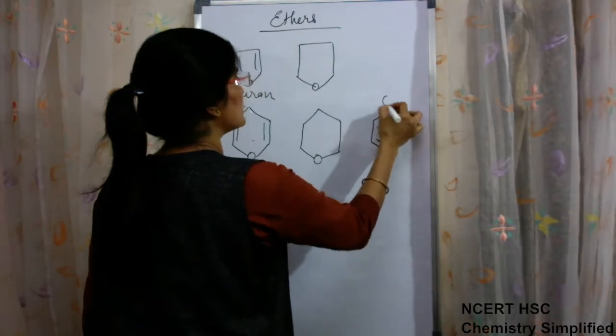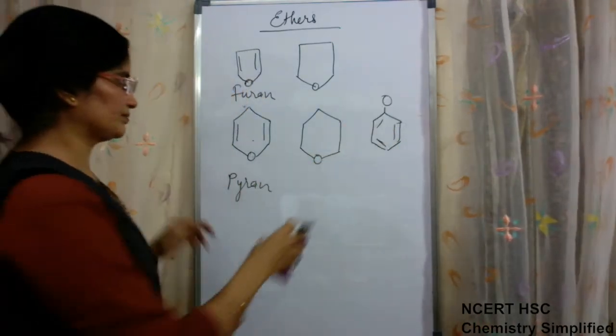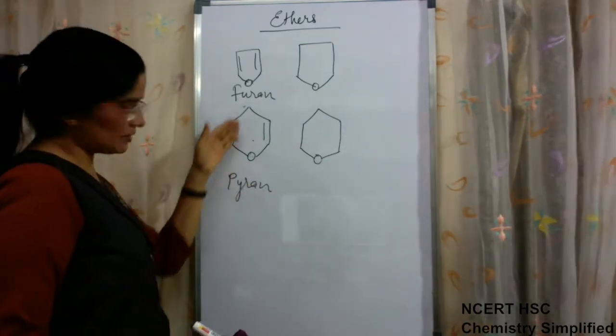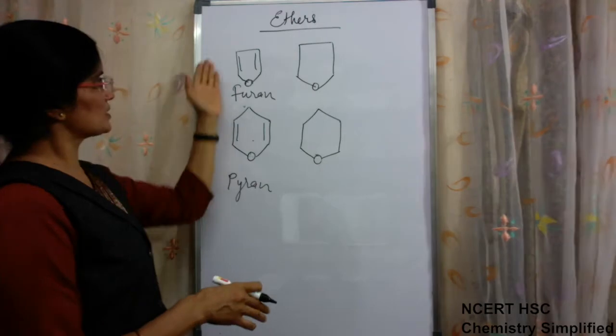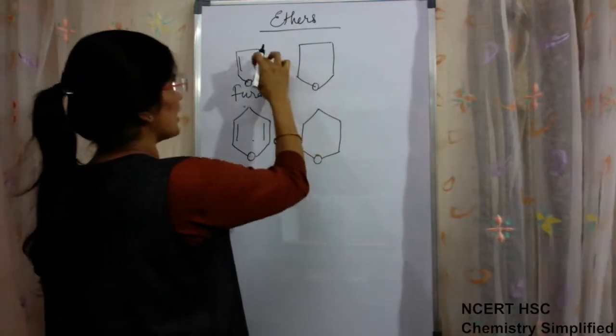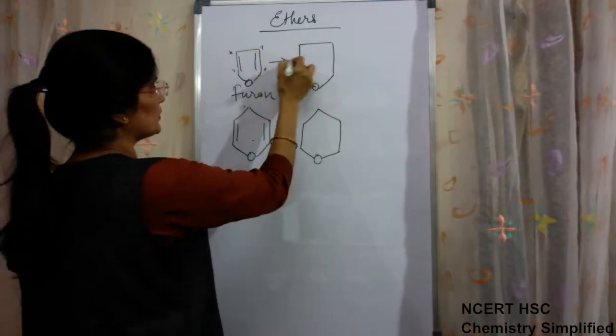When O is attached like this, it is an ether group. When the oxygen atom is inside the ring, it is pyran. This is furan. Now when the double bond is not here, that means hydrogens are added here, H, H, H, H, then the structure will convert into this.